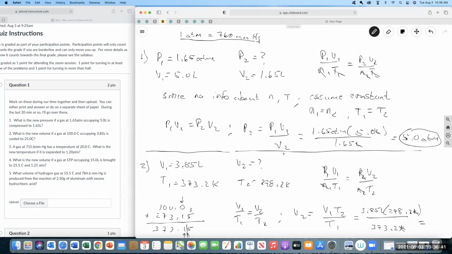So I get 3.08 liters. I know I'm squeezing it into a small space here, but you get it. Okay, also, does my answer make sense? Okay, I cooled it, so the volume should go down. That's number 2.